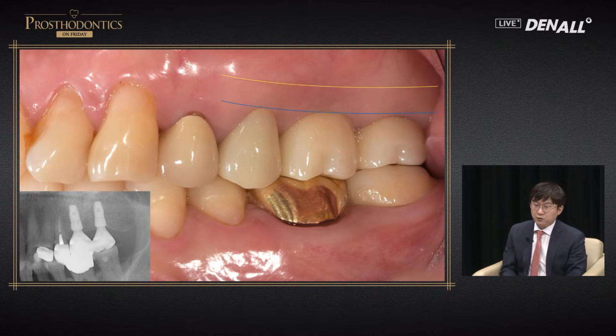If you place it 3 millimeters from the alveolar crest around the implant profile, gingiva will have a recession. 3 millimeters from the implant connection to the prosthesis margin is not sufficient. Considering 2 or 3 millimeters from the crown margin to the implant, it should be placed at least 4 millimeters from the alveolar crest for proper fabrication of the implant prosthesis.